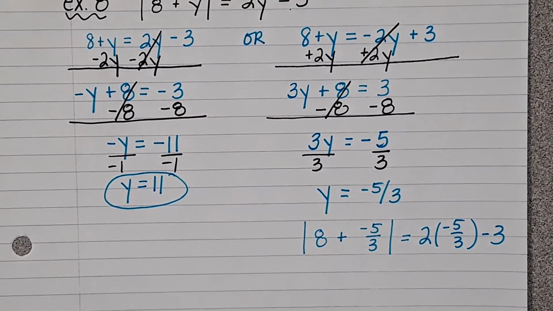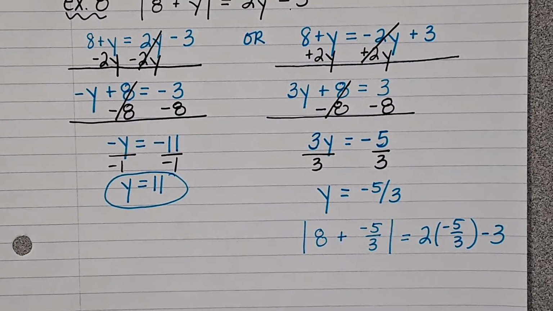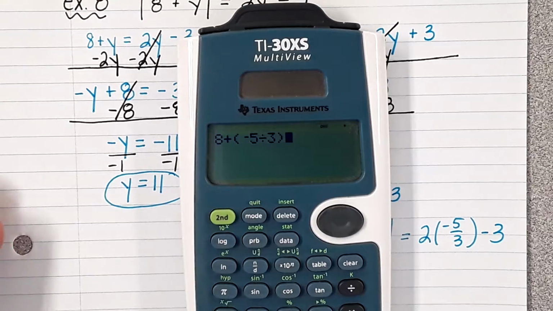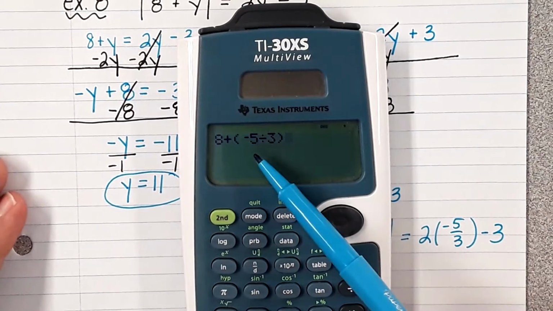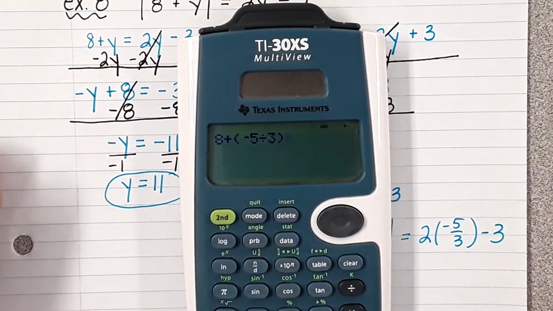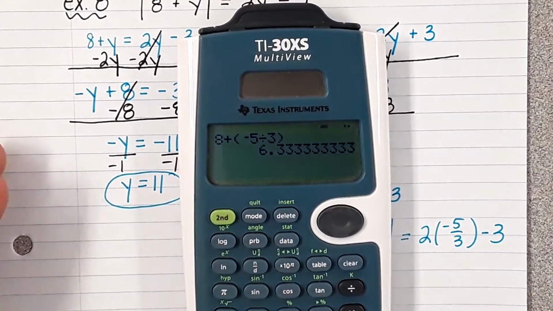Now what I would do is use my calculator. 8 plus negative 5 divided by 3. Because I'm checking, I don't have to write it as a decimal. A fraction bar means division. And I get 6.3333 repeating.